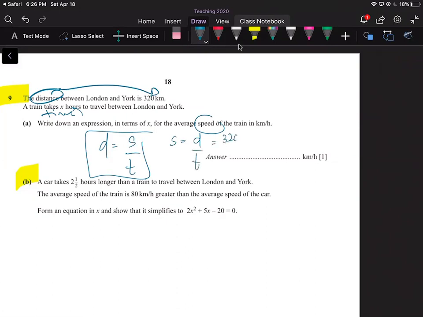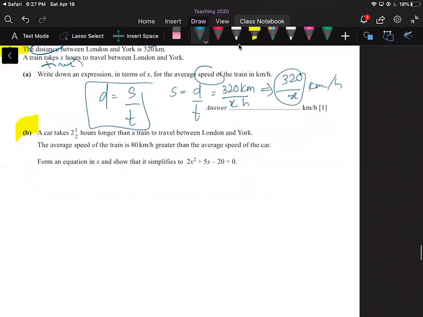Distance 320 kilometer divided by x hours, which will give me 320 over x kilometer per hour. That should be my answer for the first one. Okay, direct actually.